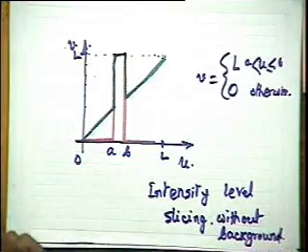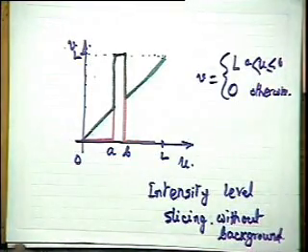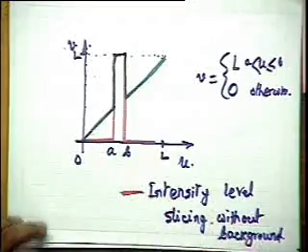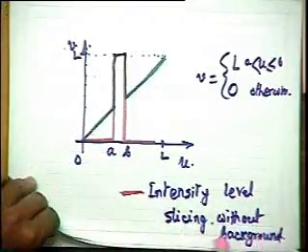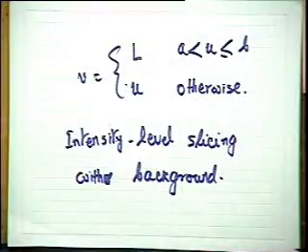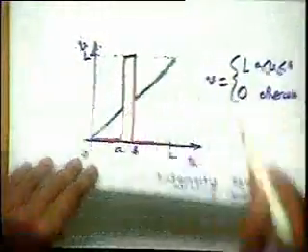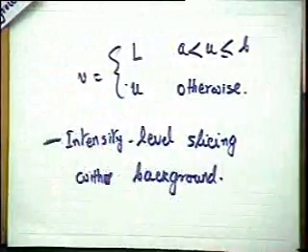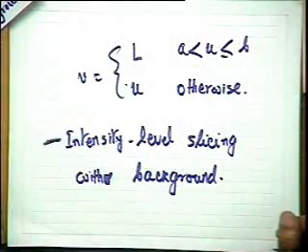That means the curve which I traced with pink is the intensity level slicing without background, and the curve which I have traced in green pen is the intensity level slicing with background.